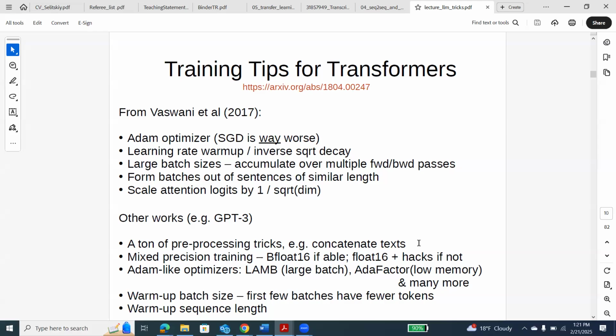So you don't need to use calculations, for example, in float 32 or 64, you can use float 16 calculations.